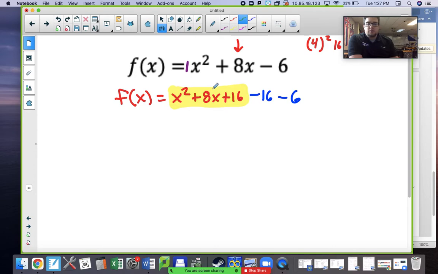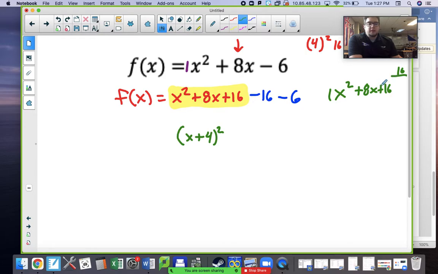This trinomial factors into a perfect square trinomial of x plus 4 quantity squared. Off to the side, we'll look at the long way to factor it. The AC method tells us 1 times 16, so 16.